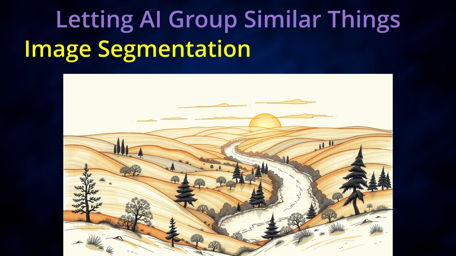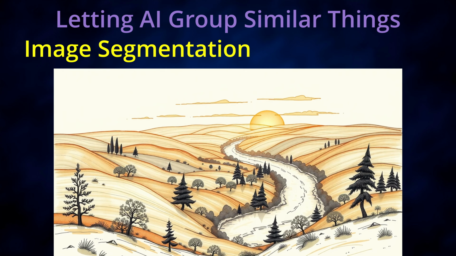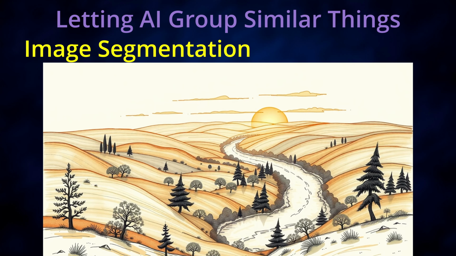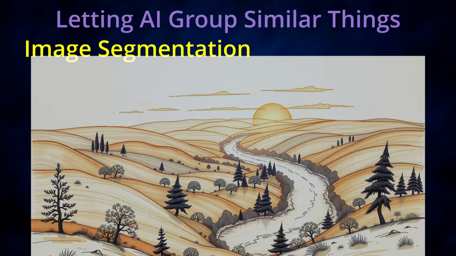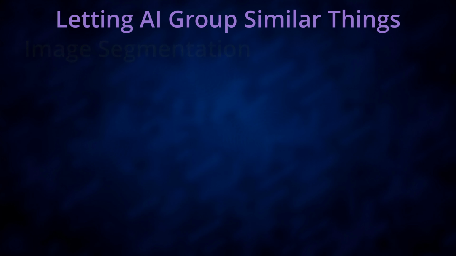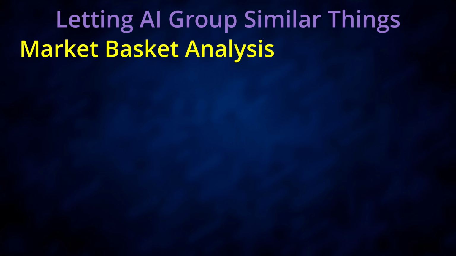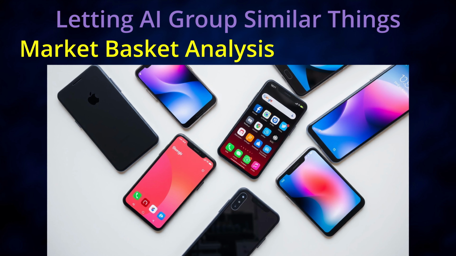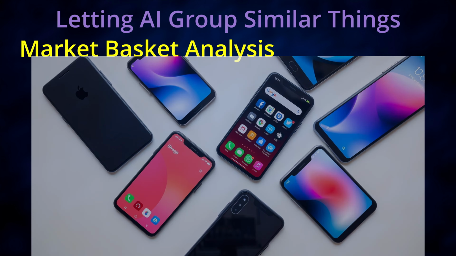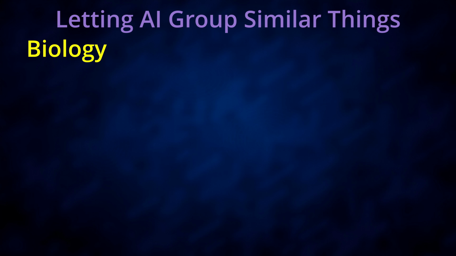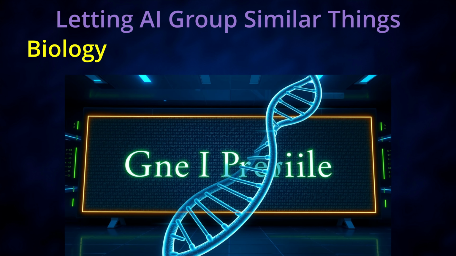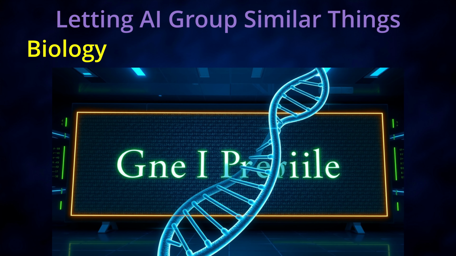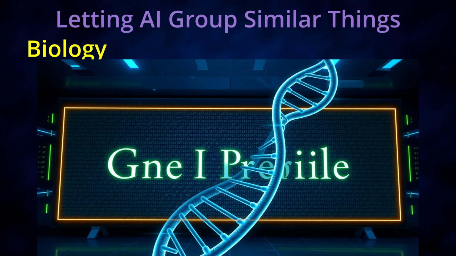AI splits an image into regions: sky, trees, buildings, based on pixel similarity. Market basket analysis. Identify natural groupings of products often purchased together. Biology. Grouping cells, proteins, or gene profiles for medical research.